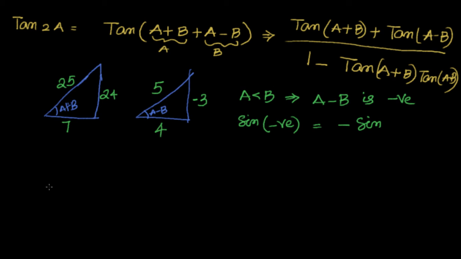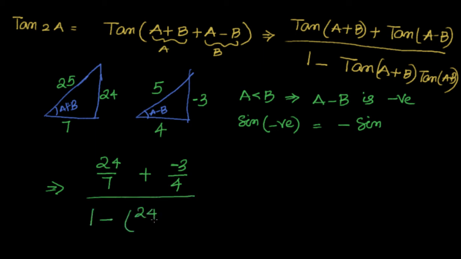Now it's very simple. Let's go ahead and simplify that. Tan of A plus B is opposite by adjacent, 24 by 7, plus tan of A minus B, that is minus 3 by 4, by 1 minus 24 by 7 into minus 3 by 4.